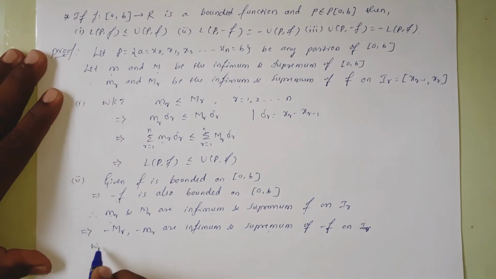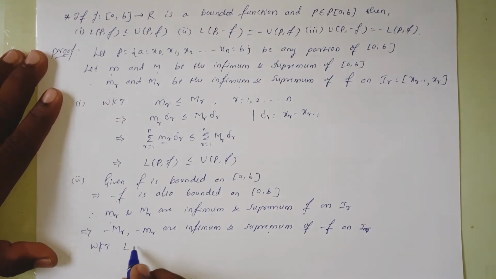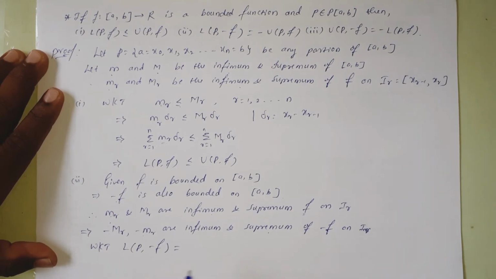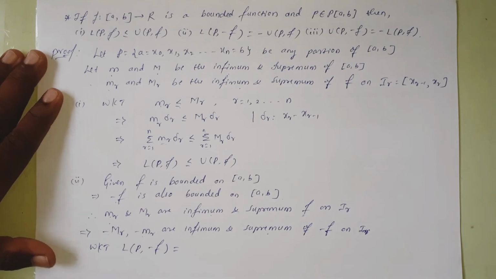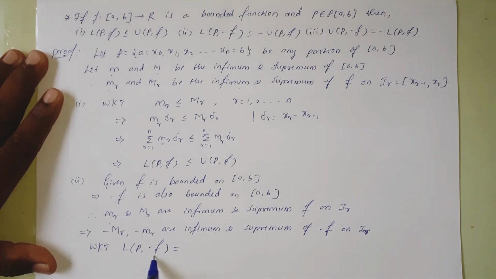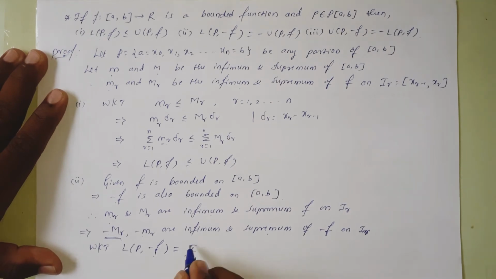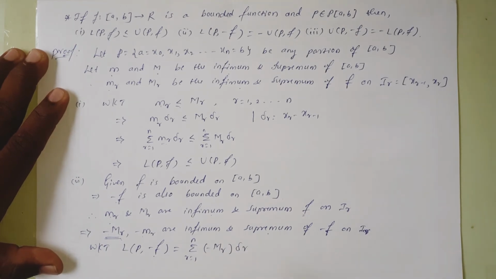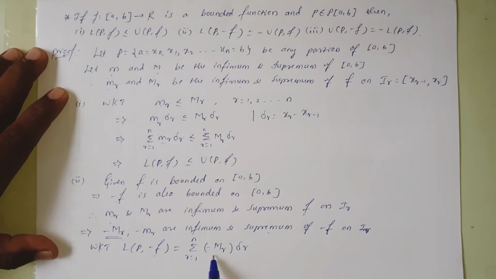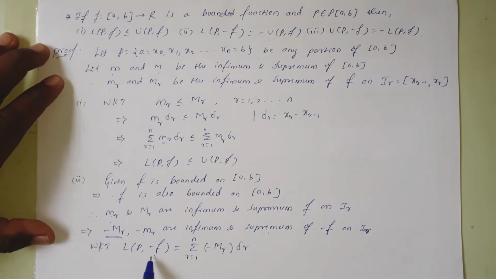Now, we know that Lp f is equal to the summation over r equal to 1 to n of small mr into delta r, where small mr is the infimum of the function f. But here the function is minus f and its infimum is given by minus capital Mr. So, it becomes the summation over r equal to 1 to n of minus capital Mr into delta r. So, here minus Mr is the infimum of the function minus f.